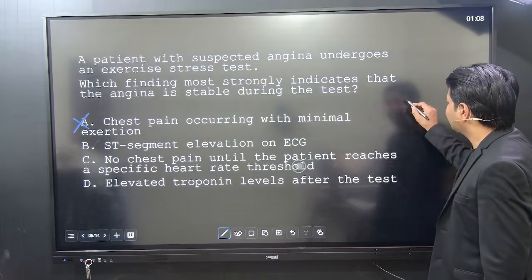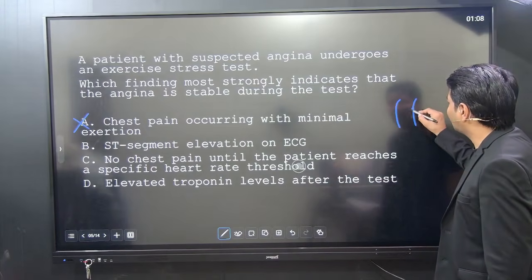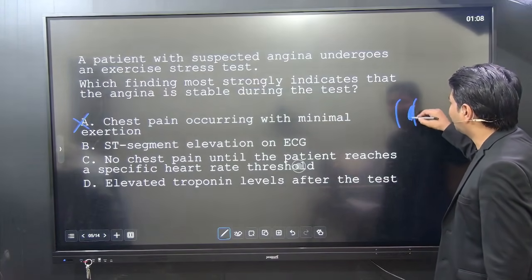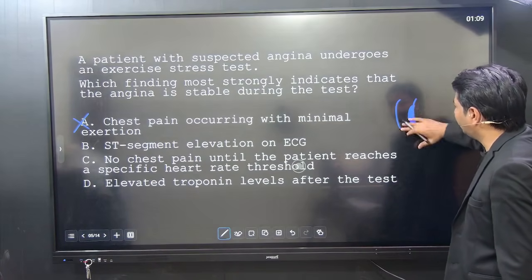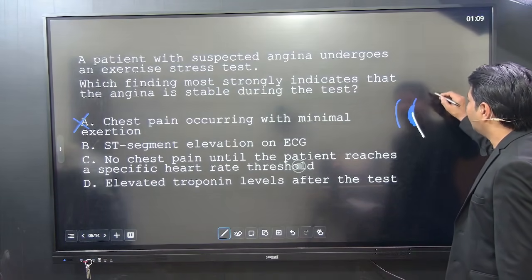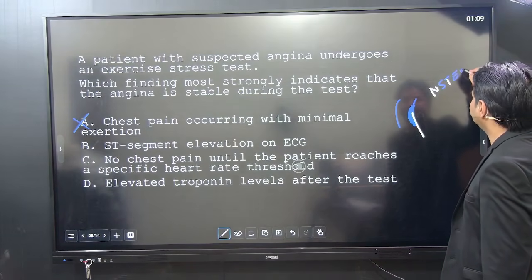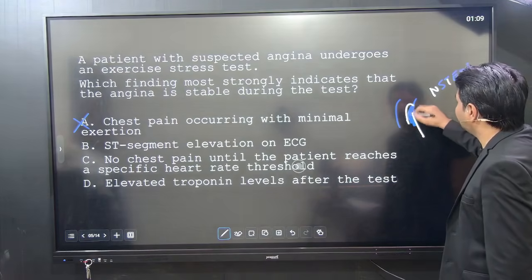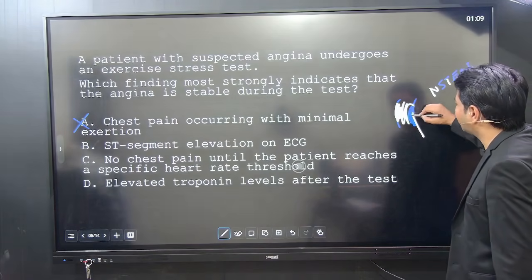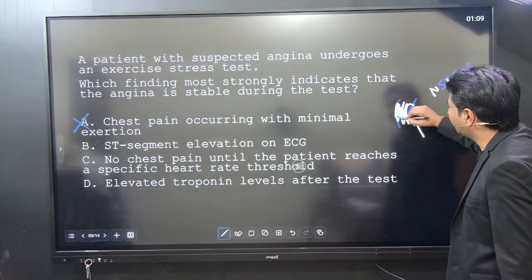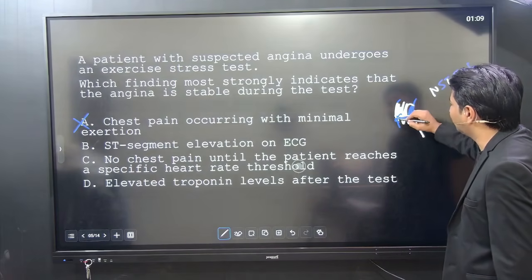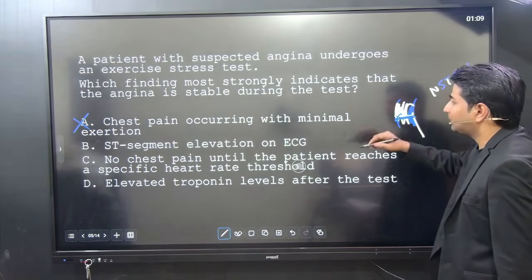Transmural means, for example, in this myocardium, if only a small area of tissue is damaged here due to lack of oxygen, not all of it, just a portion, then that would be a non-STEMI. But if the entire myocardium is damaged, meaning transmural, from this side all the way to here, it's completely damaged, then what happens?